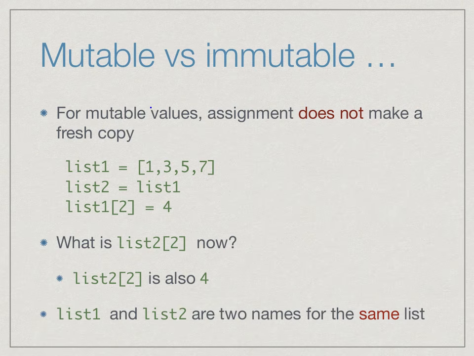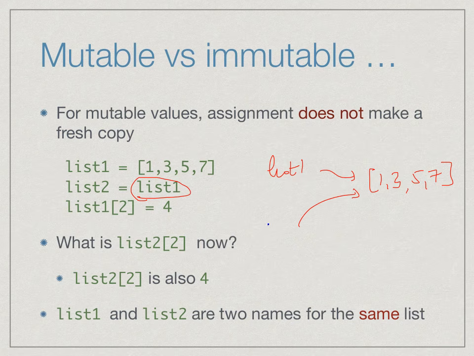And that is because when we make assignments like this from one name to another name, and the other name holds a mutable value, in this case, the only mutable type that we have seen so far is a list, then instead of saying that there are two copies, we actually just say that list 1 is pointing, if you like, to a value of list 1357, and now we also have another name for the same list, namely list 2. So if we go and change this value to 4, then list 2 also has the same value 4 at this position.